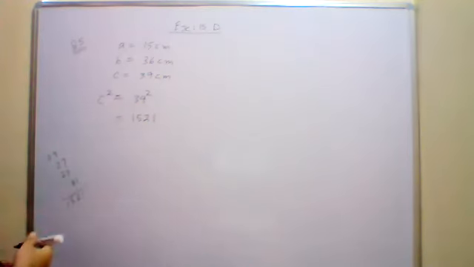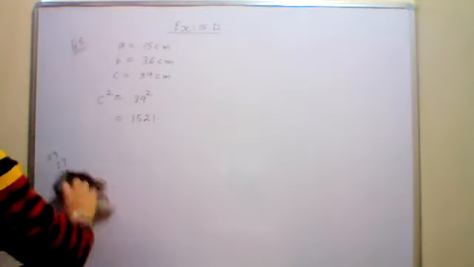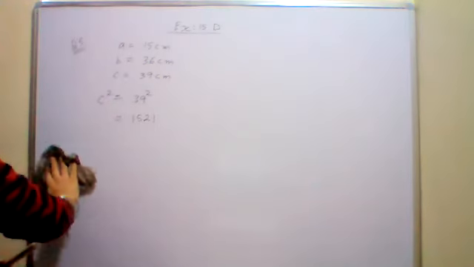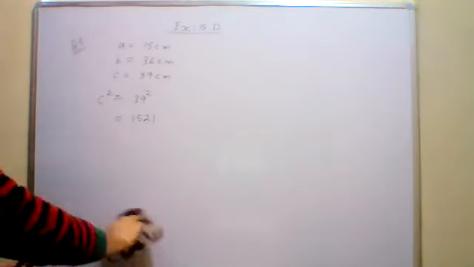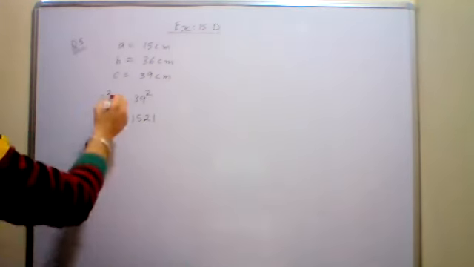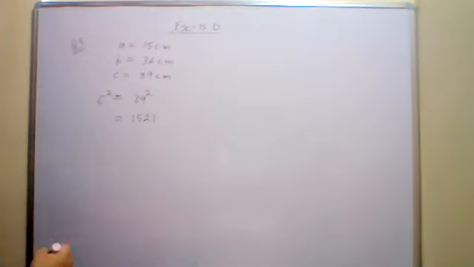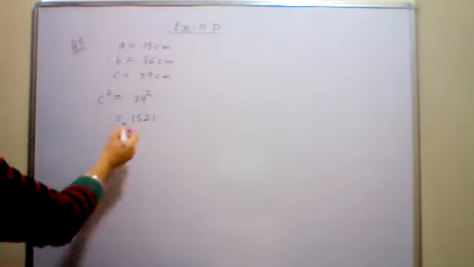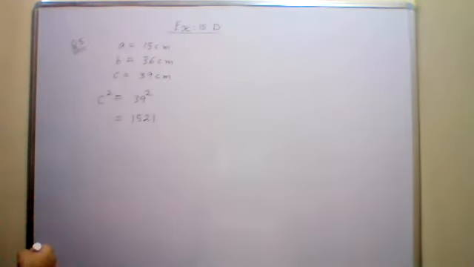The square of 39 is 1521. Check once. I think it is correct. Yes, it's correct. So this is the square of C.